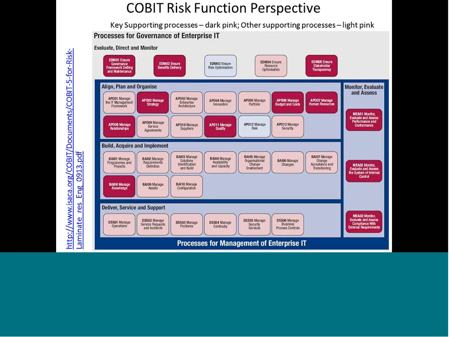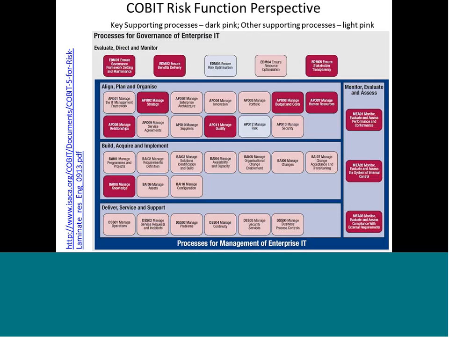And also remember that COBIT distinguishes between the processes for the governance of enterprise IT and the management of it. So the governance bits that are relevant to the risk function are EDM01, EDM02, evaluate, direct and monitor, and EDM05, ensuring stakeholder transparency.